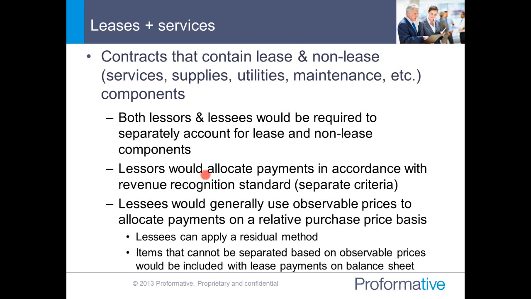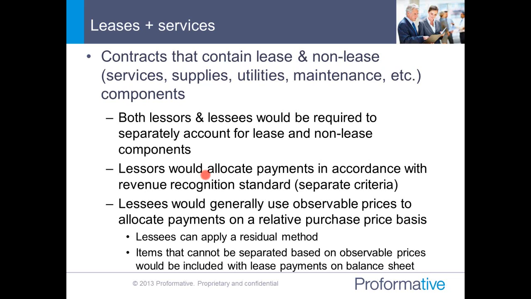For lessors, it's pretty simple because they know the pricing of each component, and revenue recognition will give them some guidance, considering it's a multiple element contract, and they should be able to bifurcate pretty easily.